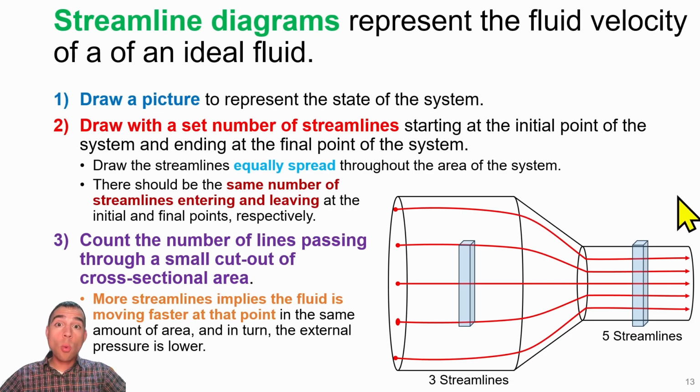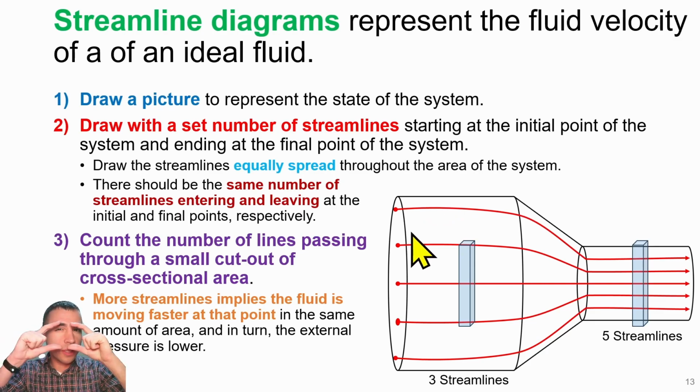And then the way we use these diagrams is we count up the number of streamlines that are passing through just some given cutout of the diagram. So here I've created this little panel that I will use to keep track of how many streamlines are passing through the same area on this side and this side. You want for this cutout to be the same size between point 1 and 2 in your system.